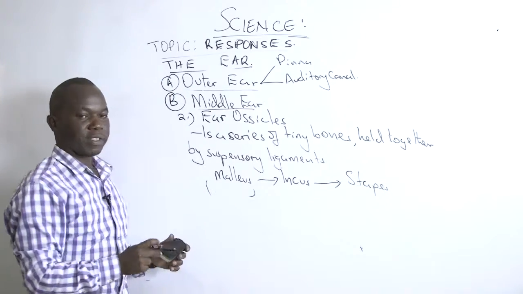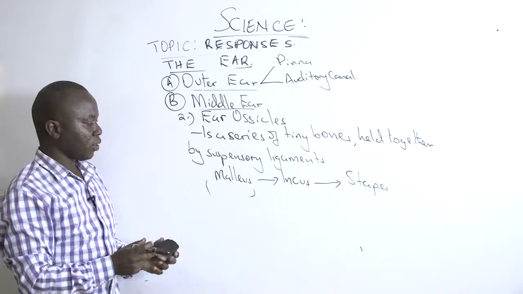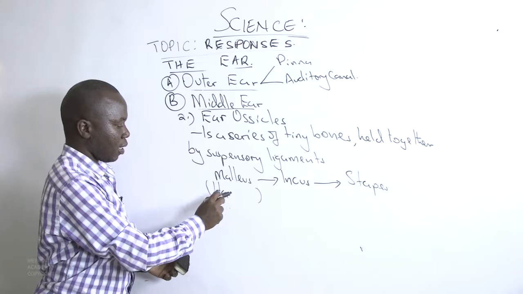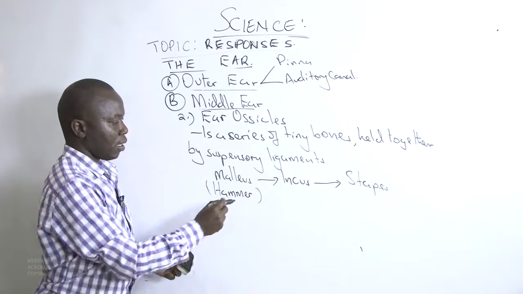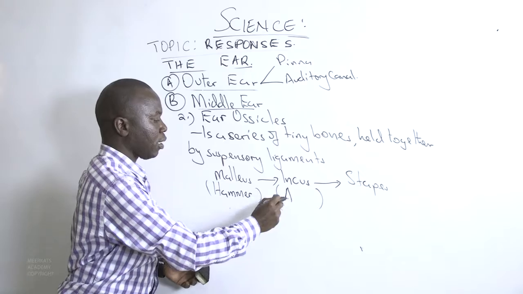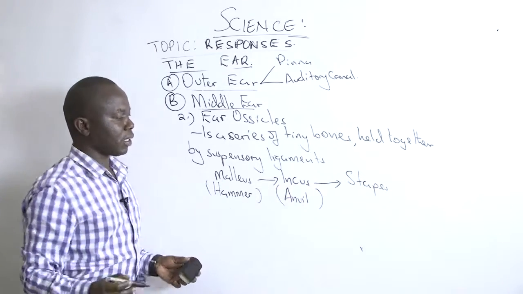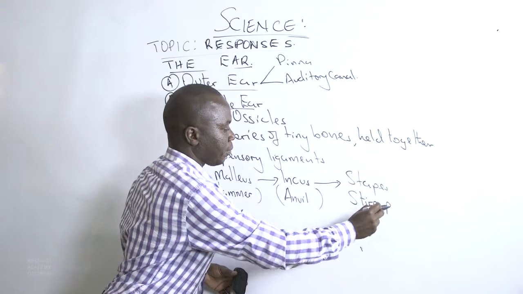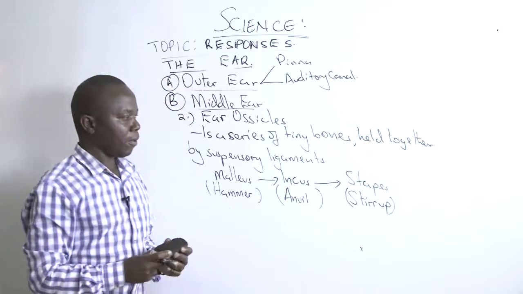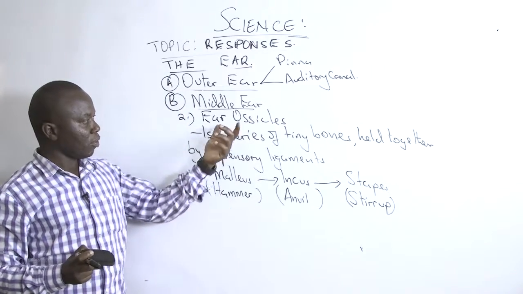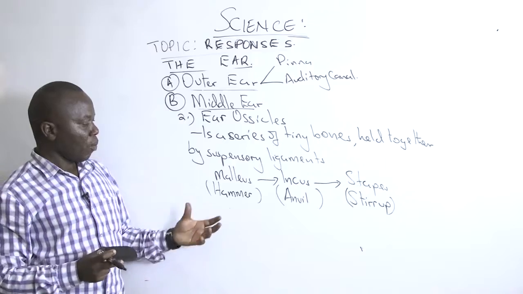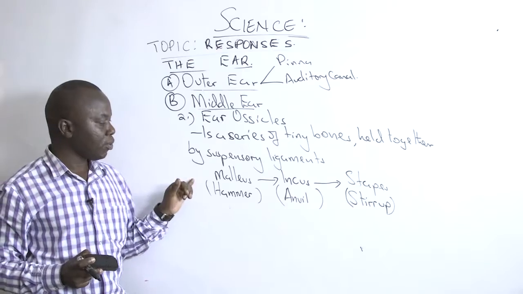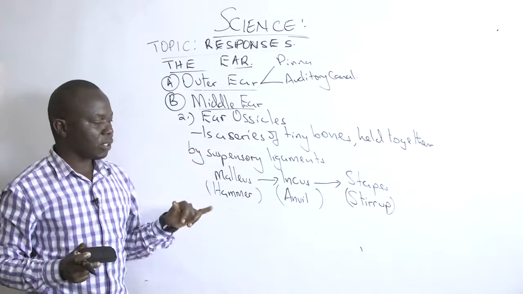We have given alternative names of these ear ossicles. The alternative name of malleus is the hammer, incus is the anvil, and stapes is the stirrup. Now, to find the role of the ear ossicles: when we have sound vibration from the eardrum, it is transmitted to the ear ossicles.